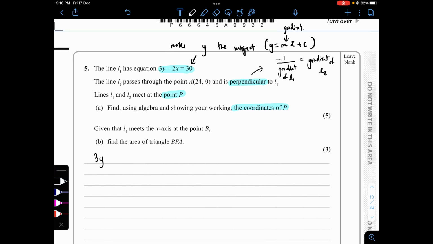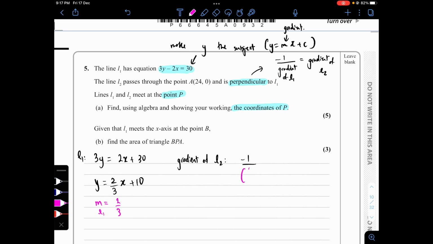So we have 3y equals 2x plus 30. So y equals, let's divide them individually, 2 over 3 x, and 30 divided by 3 is 10. So this is what we get, right? So now we know the gradient of L2 will be minus 1 over the gradient of L1, which is m of L1 equals 2 over 3.